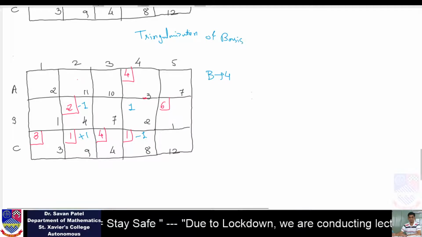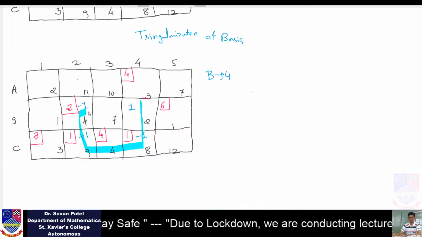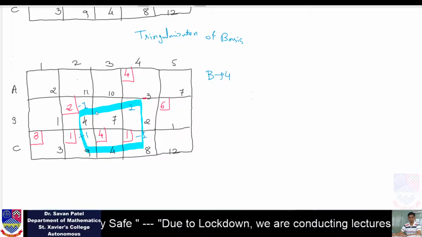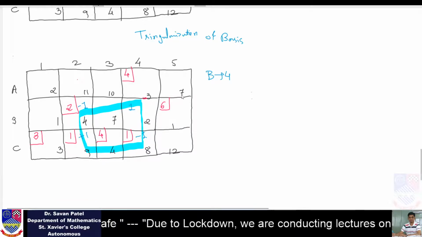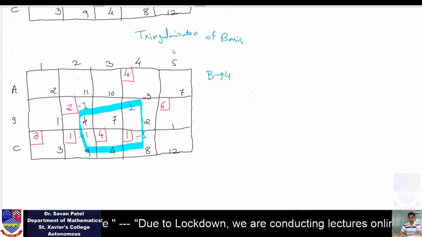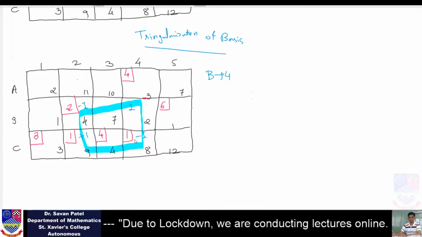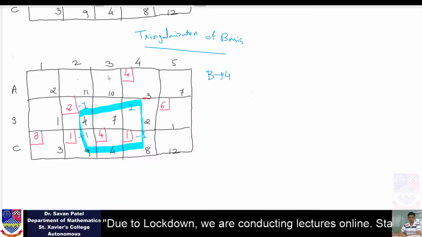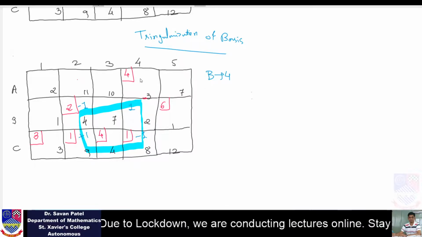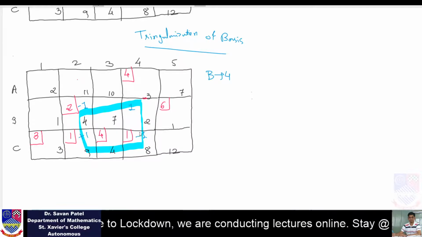Because of the triangularization of the basis, this loop, where we add, subtract, add, subtract, will always be unique. I have selected minus 1 here, because otherwise you are not able to balance things.